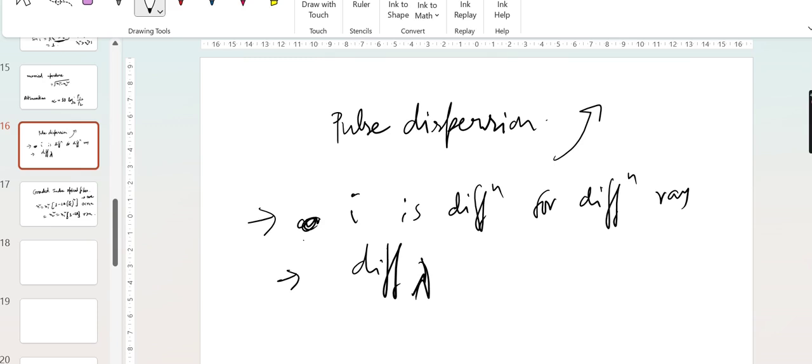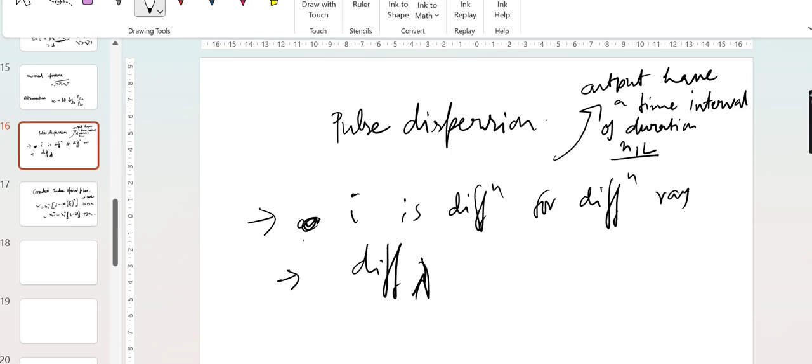Even if we put all the input in at the same time, the output has a time interval duration, which is n1 by L, the length of the optical fiber, by C, times n2 by n1.